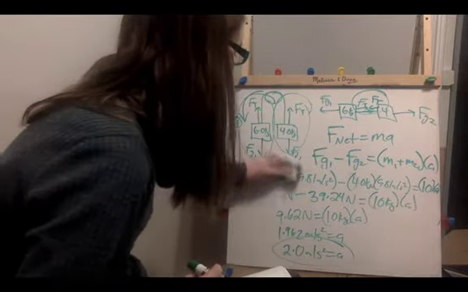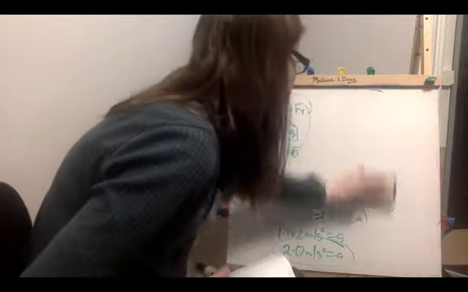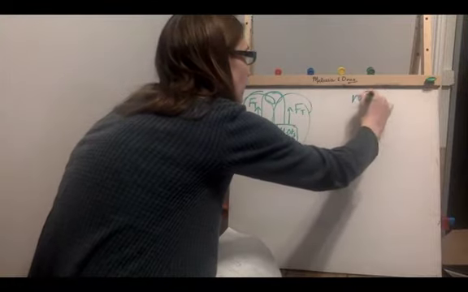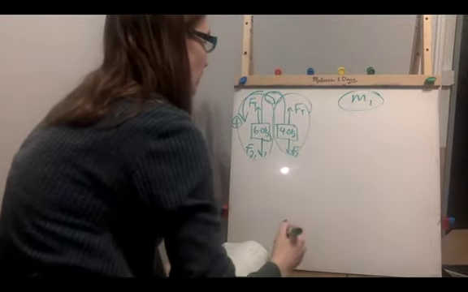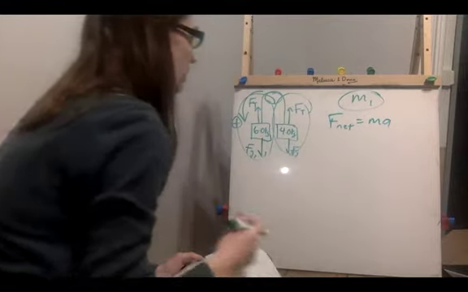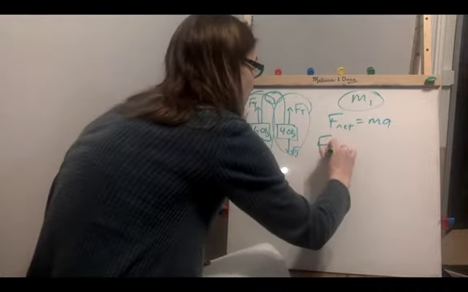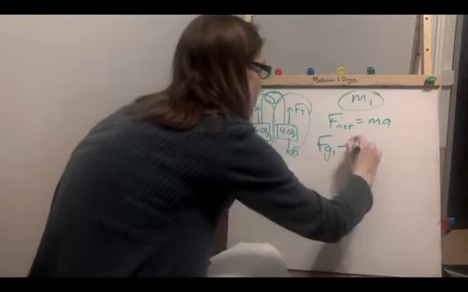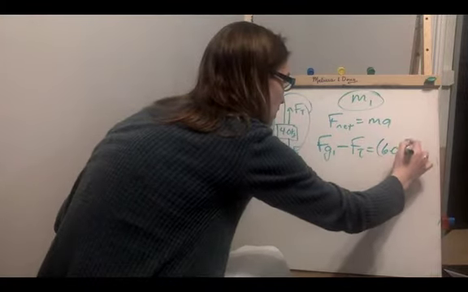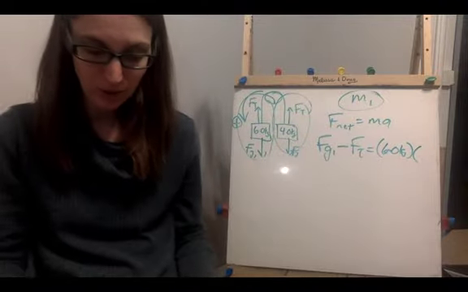But if we, let's say, take a look at mass number 1, okay, so let's say we were dealing with M1 here, right? Then what's happening is our, again, F net is equal to mass times acceleration. And what's happening is that you've got your force of gravity pulling down, but that's in a positive direction, minus your force of tension is equal to the mass, which is just the 6 kilograms, multiplied by the acceleration, which we know the acceleration of a single mass is the same as the acceleration of the system.